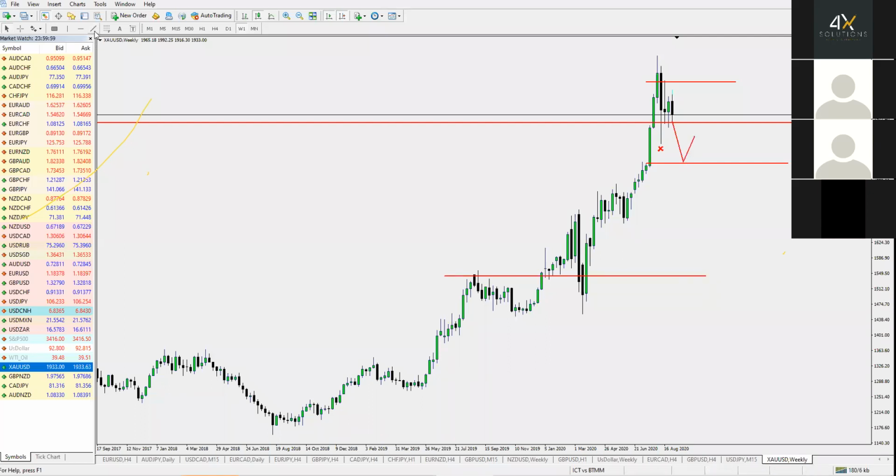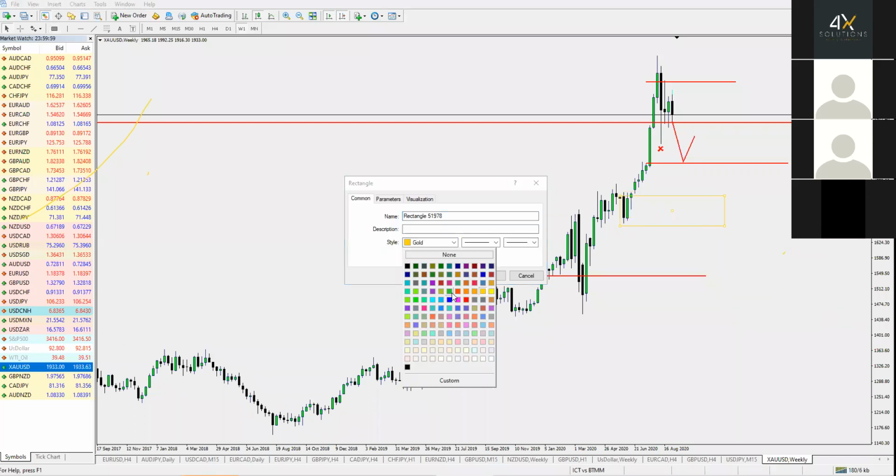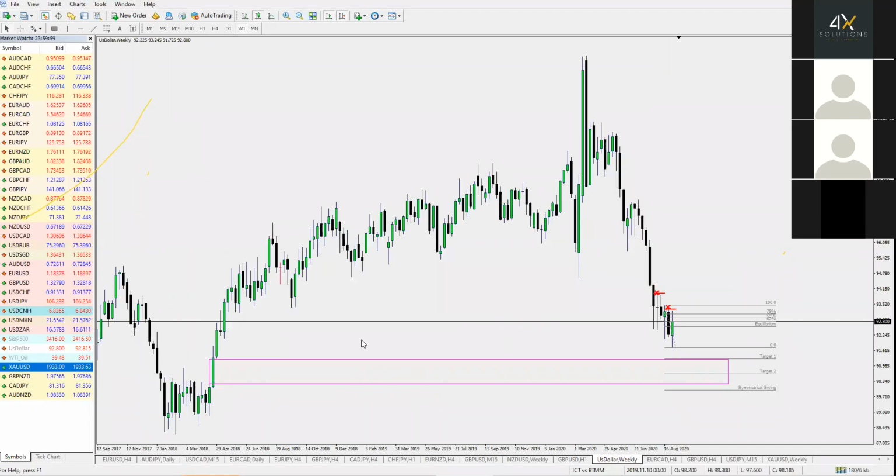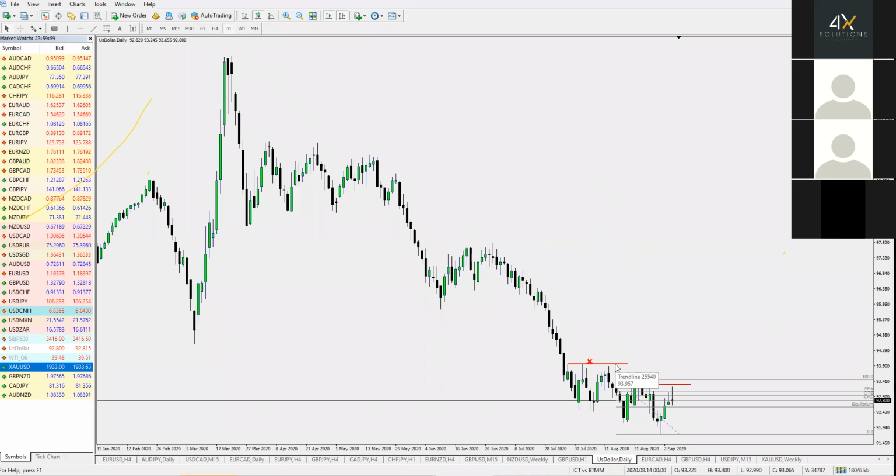Now, it's also important to remember on gold that this here, I'm going to make this green, is a weekly order block over here. So if we have a deeper retracement on gold, okay, based also on the fact that if you look at the dollar index, okay, this little retracement we are currently having is likely to just potentially target these equal highs on the DXY, this dollar index.